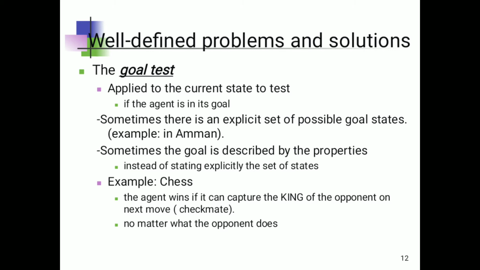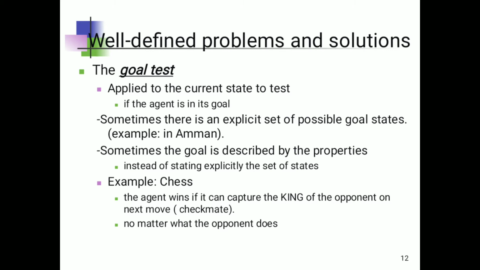Goal test is applied to the current state to test if the agent is in the goal or not. So when I move from A state to the B state, then for every state we have to apply certain criteria to check whether I have reached the goal state or not, and that criteria is called the goal test.